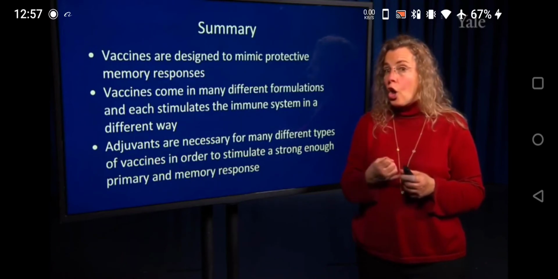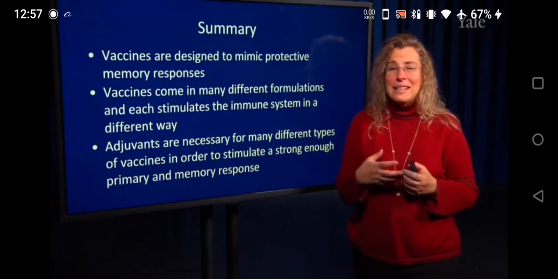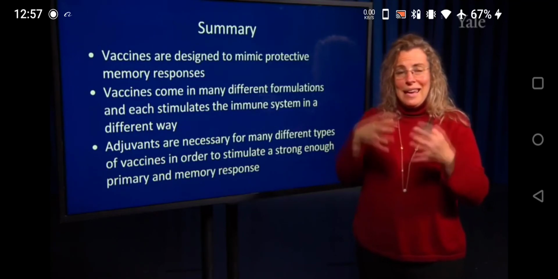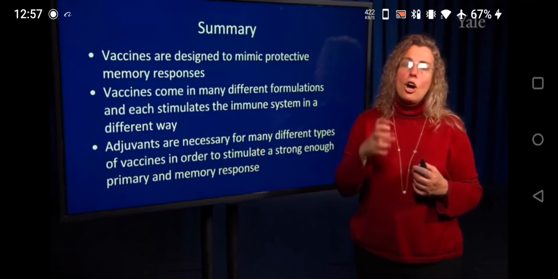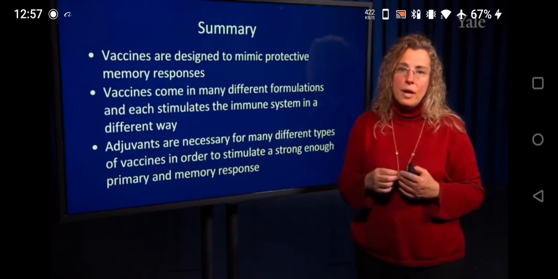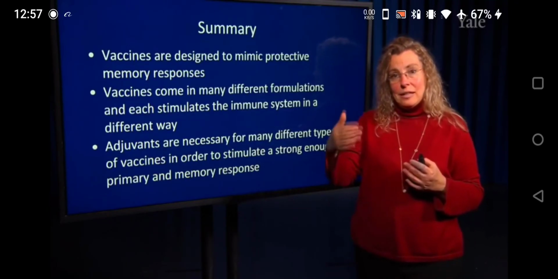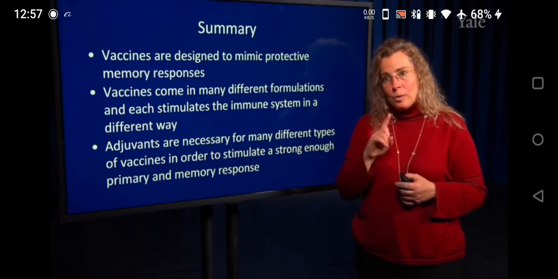You almost always need an adjuvant with that, because if you just inject a protein in somebody, it is foreign, but it doesn't hang around for very long. You need the adjuvant to slow down the release of that protein and also to really cause a stronger inflammatory response to get those innate immune cells at the barrier sites that are there to see foreign antigens to really be more interested in that one protein.